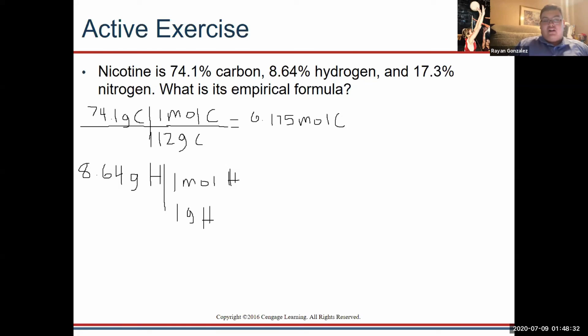That would just stay the same, correct? Because it's being divided by itself. That's correct.